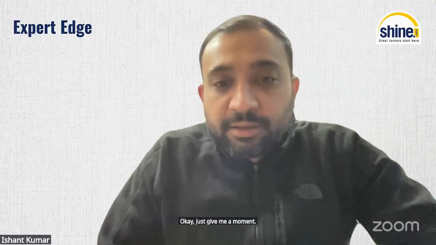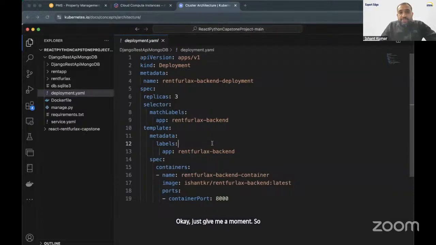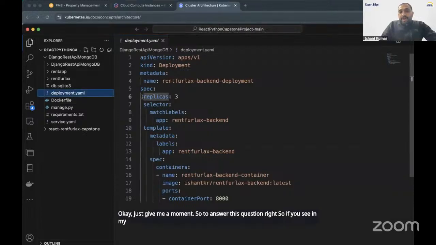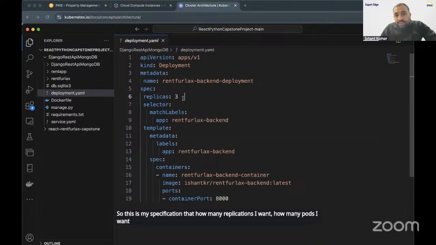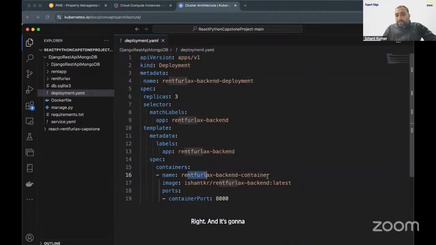So to answer this question, right? If you see in my deployment.yaml file, I do have replicas mentioned over here. So this is my specification of how many replications I want, how many pods I want, right? So this will actually go ahead and enable 3 pods, and it's gonna run your container in 3 different pods.